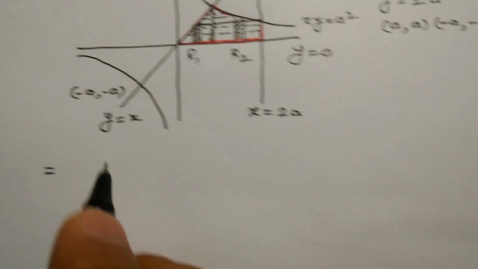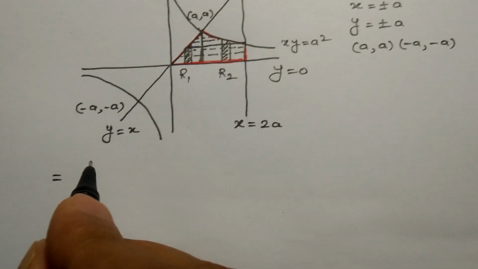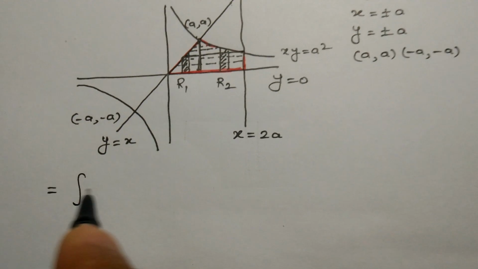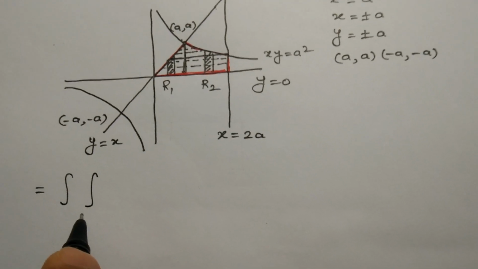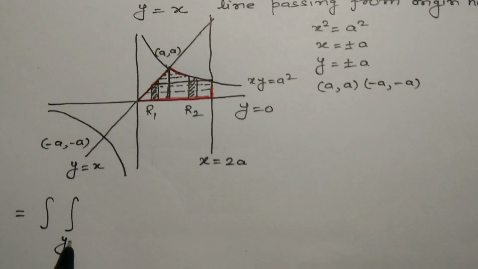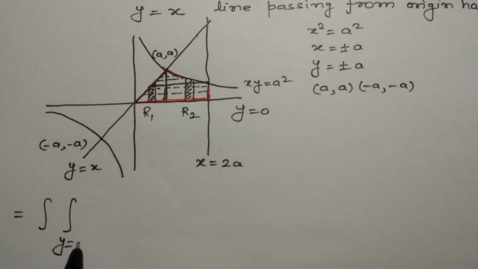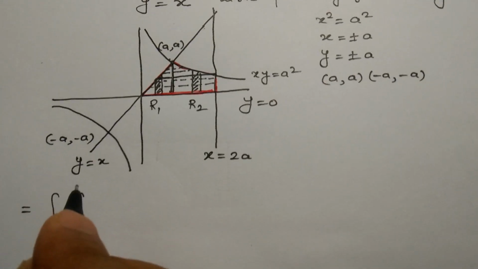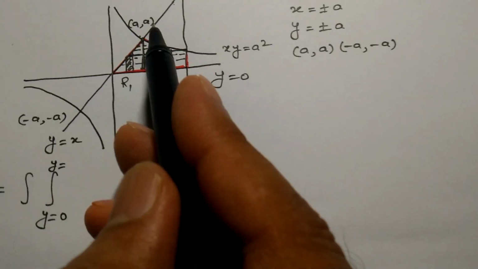Now I'm writing my integral for R1. I have taken a vertical strip, so the strip starts from y is equal to 0 line and goes to y on the slant line.